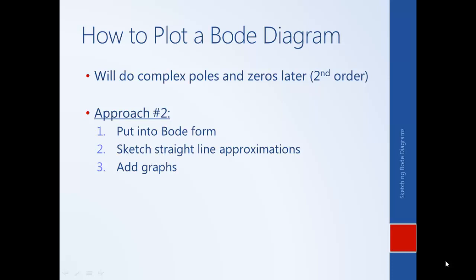This will then result in a straight line approximation of the Bode diagram of a given transfer function, and we can stop there. If we want to make it a little bit more accurate, we can try and approximate the curves of the true Bode diagram as opposed to just the straight line approximation.